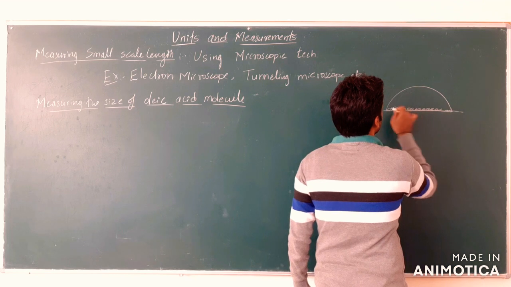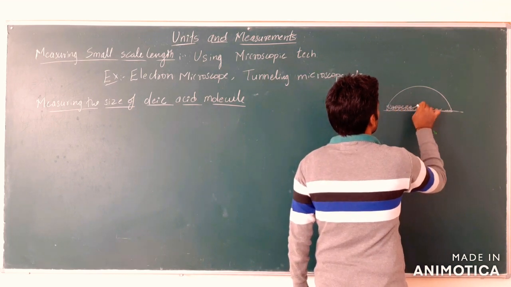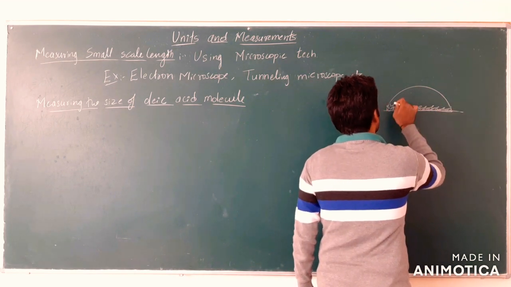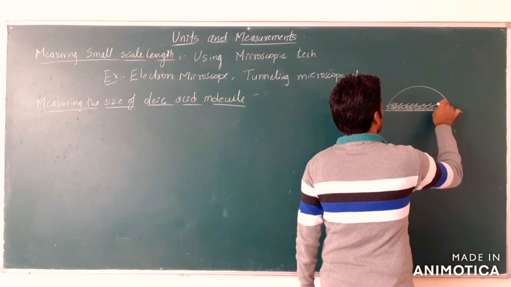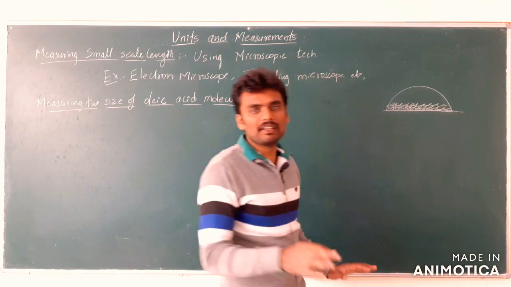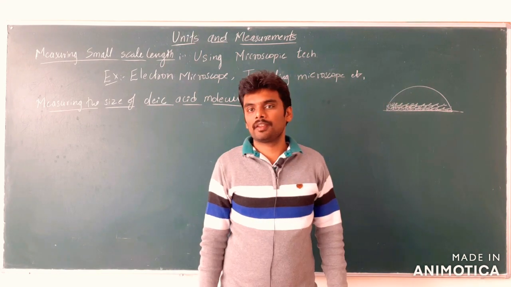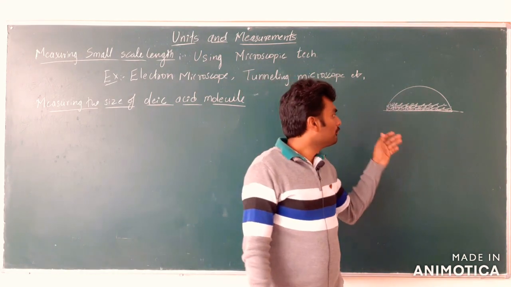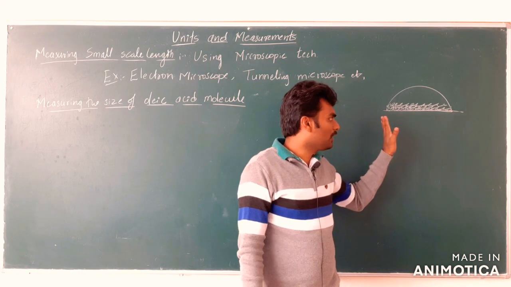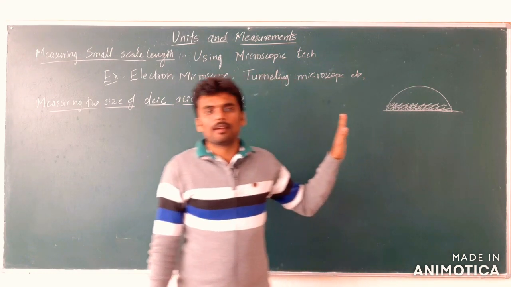One layer sits here, on top of which another layer of water molecules sits, on top of which another layer sits. It's millions of layers that we can find in this small drop. So at least thousands.